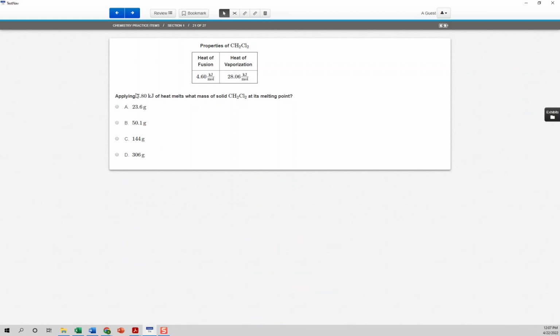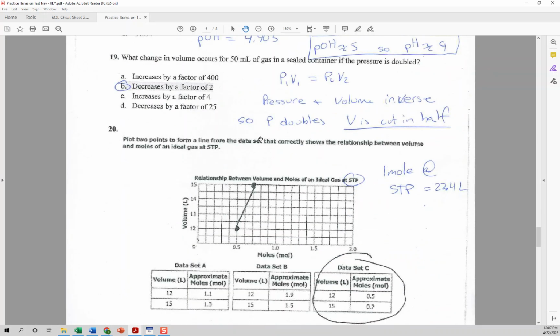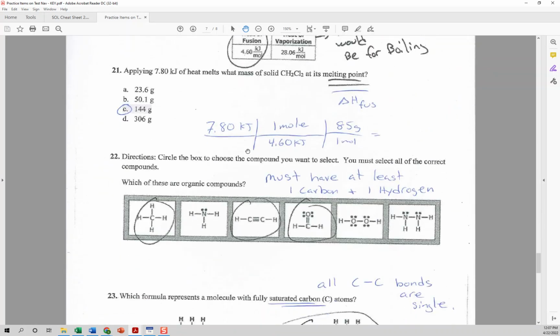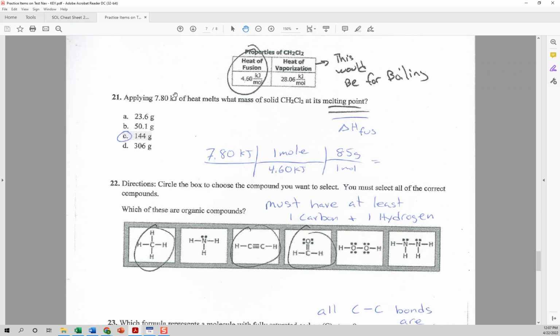So this is going to be some nice dimensional analysis. We got to take our total amount of energy and divide it by this, and that'll convert it to moles. And then once we have moles of this, multiply by the molar mass of that to get grams. So let me go to my PDF. I'll show you how the setup would work. So this is the total amount of energy. The way to interpret this is this much energy for every 1 mole, or you could flip it and say 1 mole of that substance for every 4.6 kilojoules.